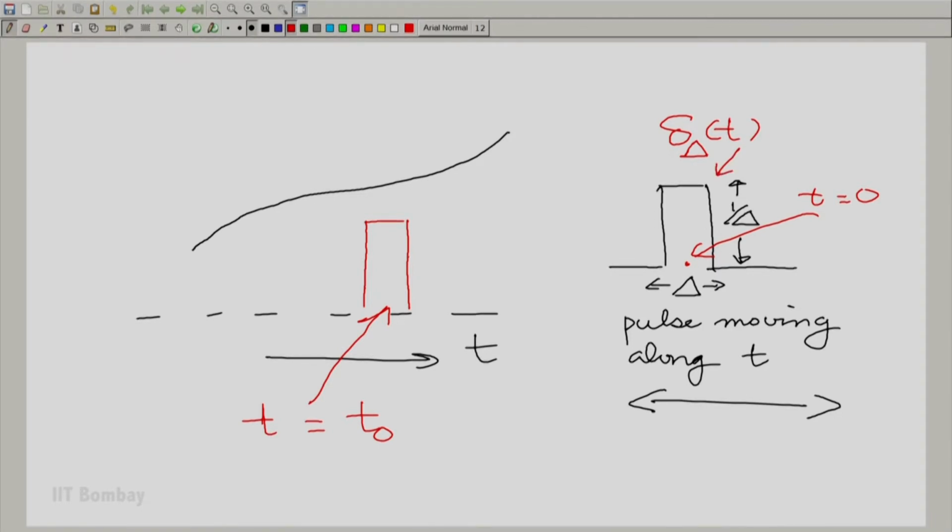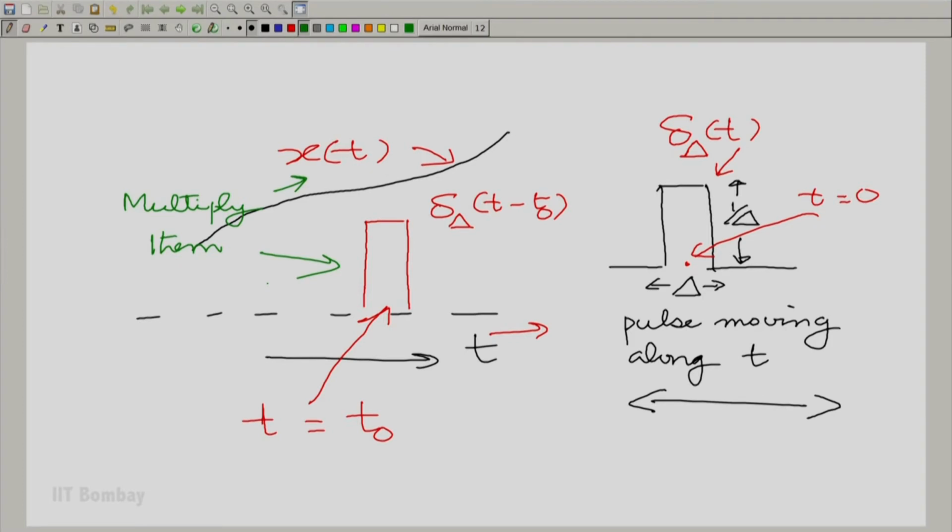Then this pulse which I have drawn here can be written as delta, capital delta t minus t0, shifted to lie at t0 instead of at 0. And the original function that I have here is x of t as a function of t. Now, I multiply these two and let's see what I get.